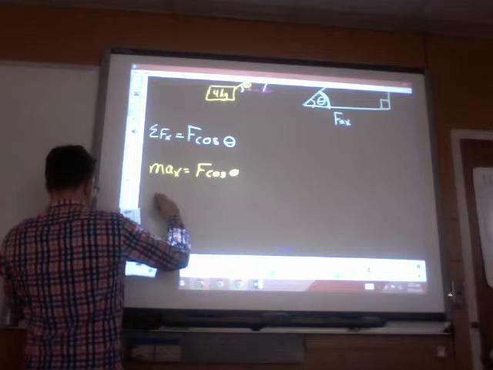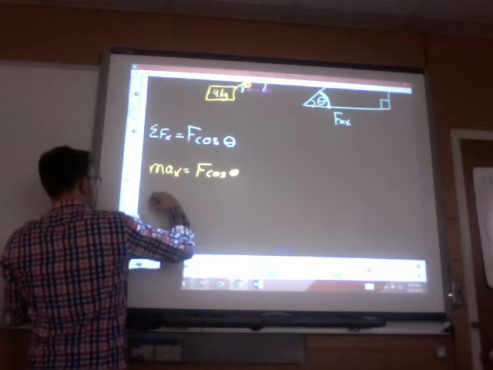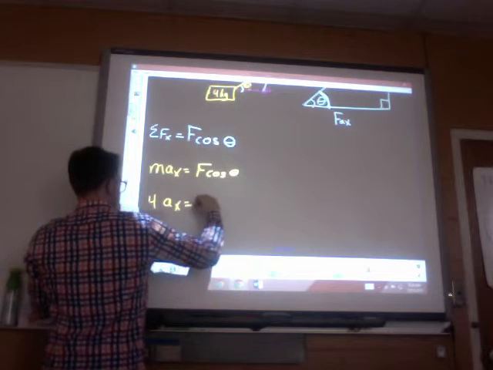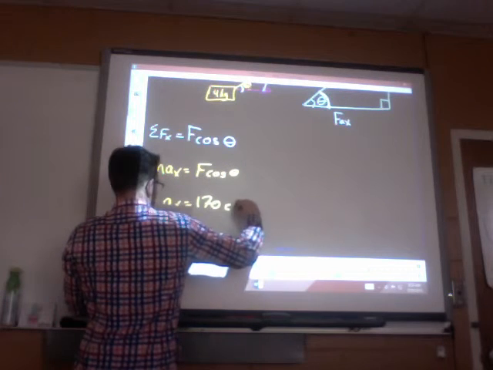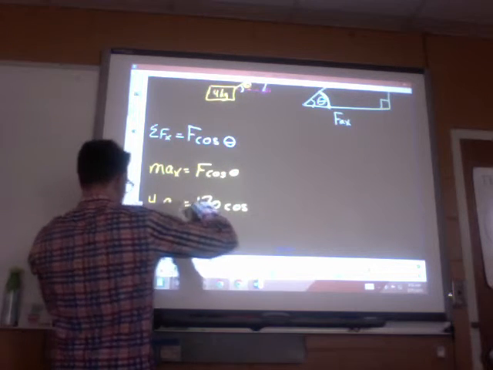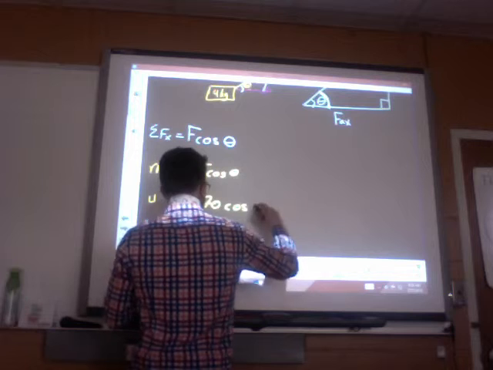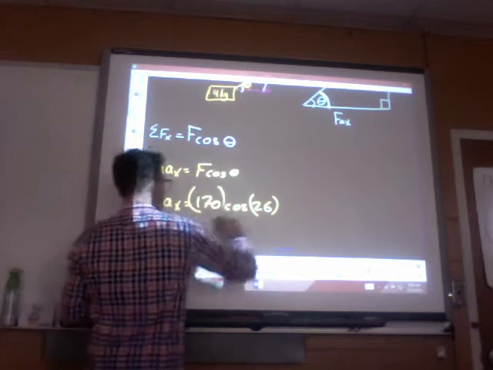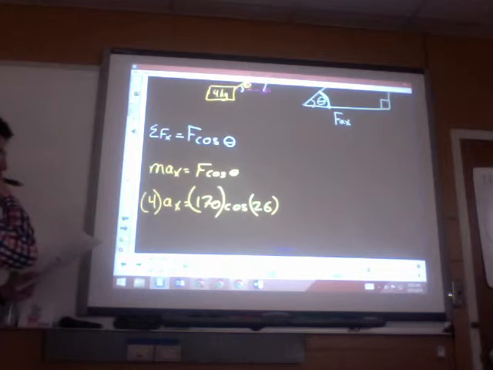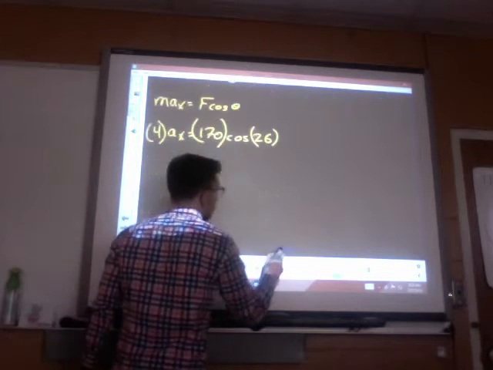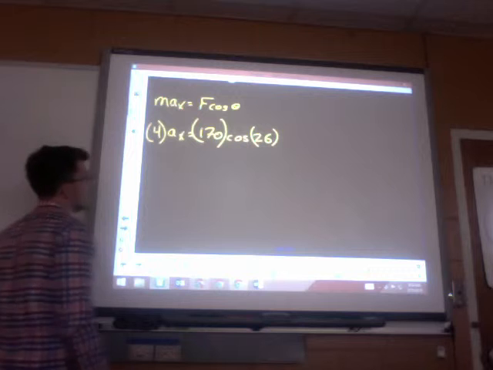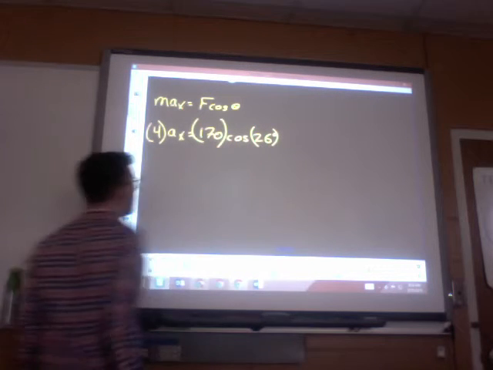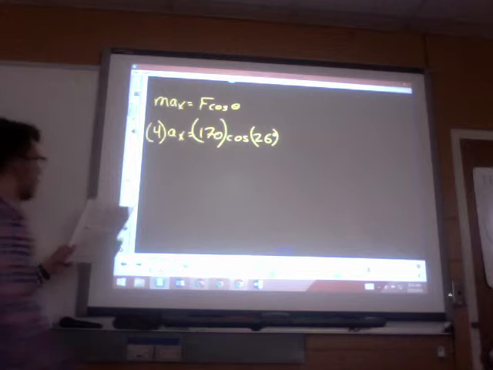Let's see what we have then. So it's 4 times ax equals 170 cosine 26. Should we be in degrees or radians? Degrees. The number's in degrees, of course you want to use degrees.